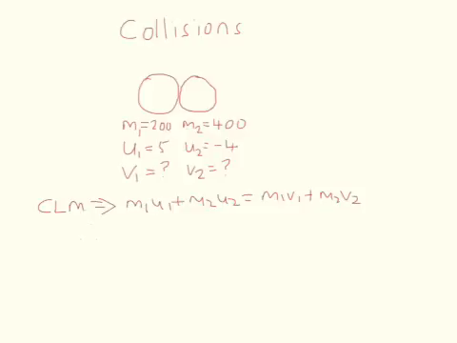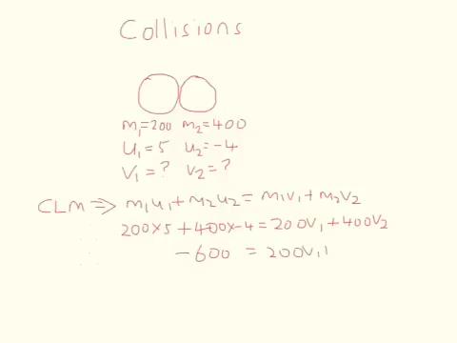So therefore we've got 200 times 5 plus 400 times minus 4 equals 200 V1 plus 400 V2. So that's 1000 minus 1600, so that's minus 600 equals 200 V1 plus 400 V2.